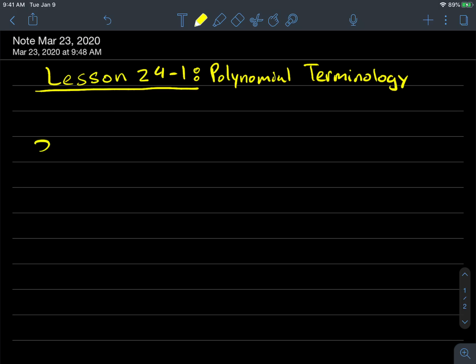So a polynomial is, so we're just going to go straight into definitions, no learning targets.